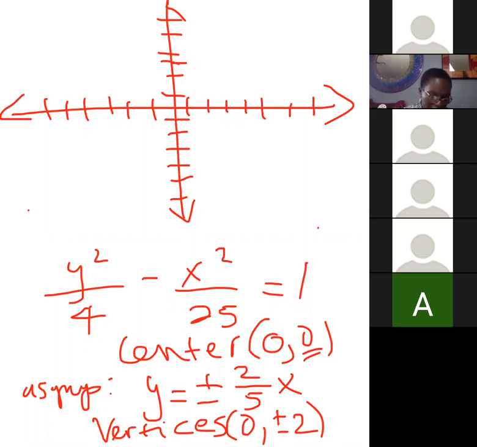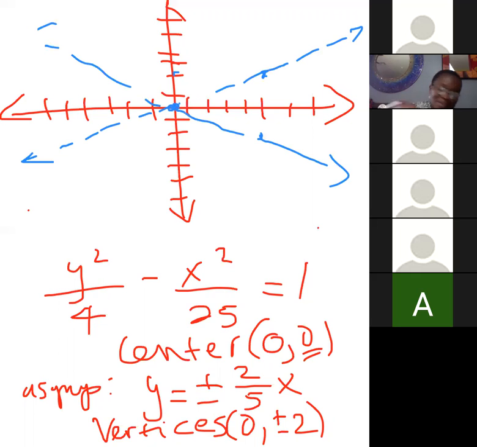We're first going to start out with the asymptotes. We have 2 asymptotes. For the first one, we start off with the center at 0, 0. We go up 2, over 5 again. And there we are. And then for the second one, we're going to go down 2, over 5. The vertices are located at 0, plus or minus 2.